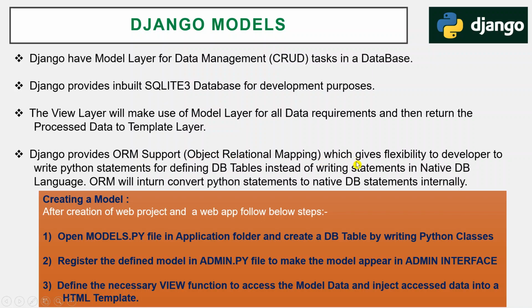This gives flexibility to the developer to write Python statements for defining database tables, instead of writing statements in the native DB language. What flexibility is the ORM giving? You need not write any MySQL statements.